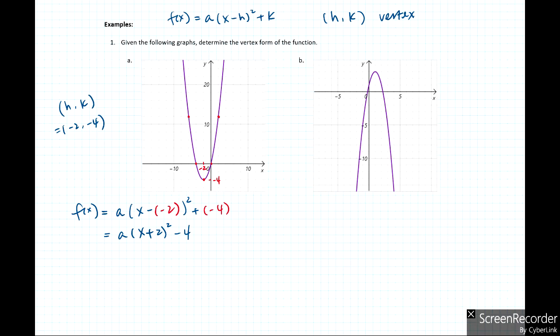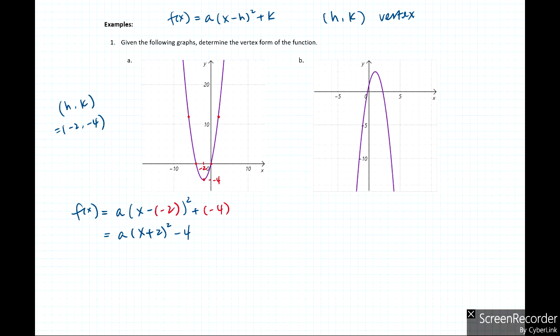Here I see that the graph goes through the origin, so I'm going to use this point 0, 0. What that tells me is that even though I don't know what a is, when x is equal to 0, y is also equal to 0. I can use that information to help us identify things.